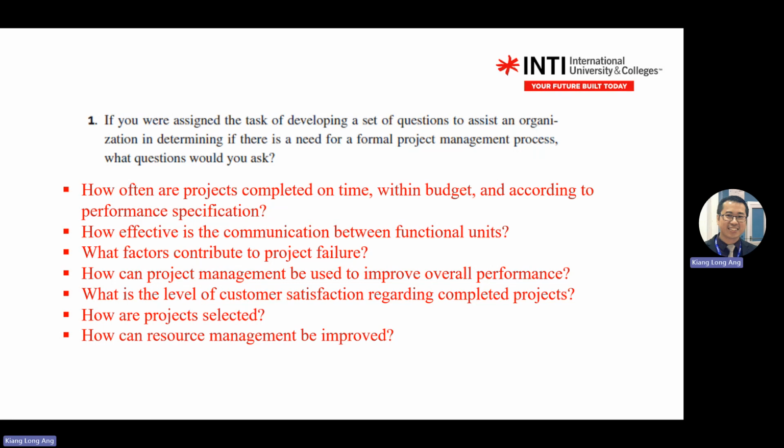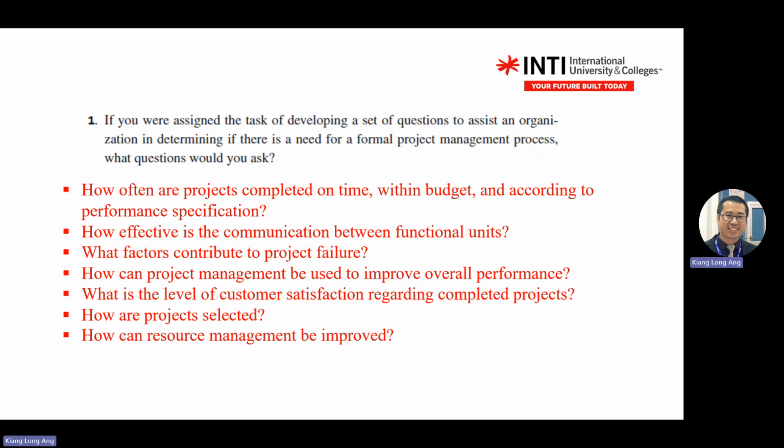Then another question is, once you know what is success, then you can study what is project failure. It's the opposite of success. What makes the project fail? Then go to risk management. This is on the risk management side. What is the level of customer satisfaction?